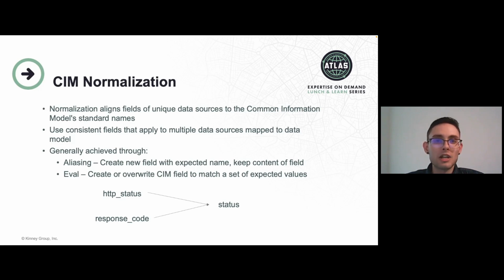And so if any particular data source breaks from that, you'll be able to write an eval statement that provides a correct output in a new field so that you can leverage that data in tstats and data model searching.